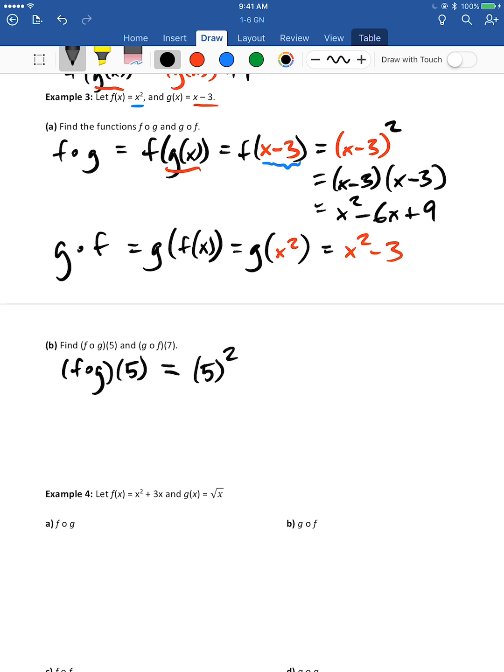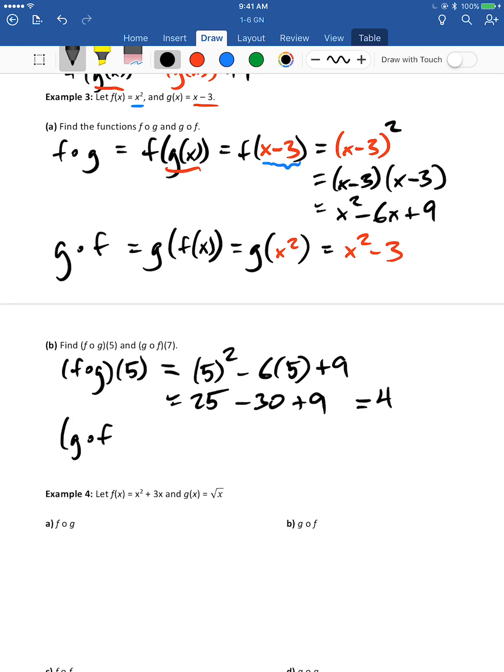So 5 squared minus 6 times 5 plus 9. 25 minus 30 plus 9, which is, if my math is correct, 4. Negative 5 plus 9 is 4.